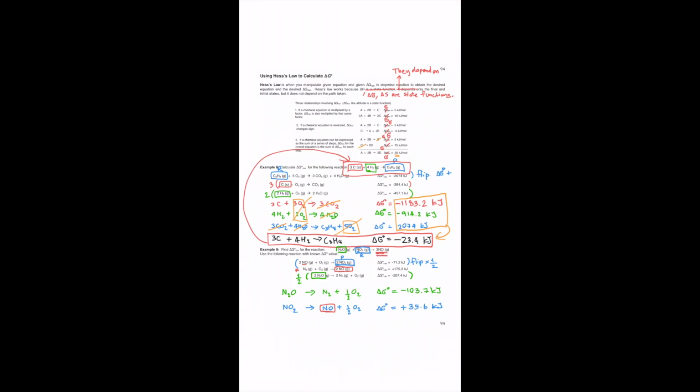Therefore, you don't need to do anything for equation number 2, because you need those 2 nitrogen monoxide. So we keep it the same. The equation would be exactly identical to equation number 2, which is nitrogen reacting with oxygen to become 2 nitrogen monoxide, and since we did not manipulate anything, the delta G value is identical to equation number 2.